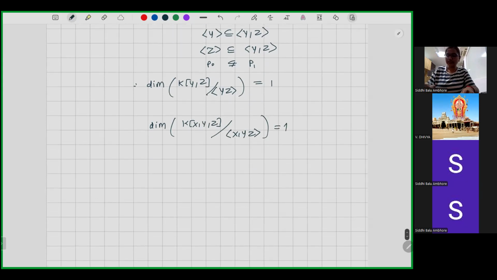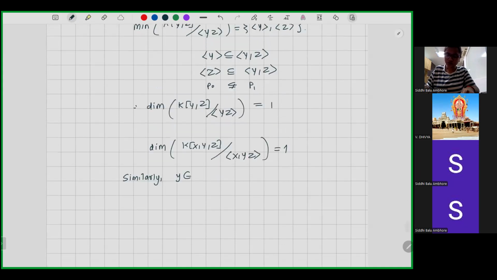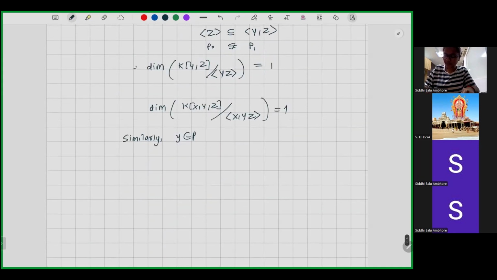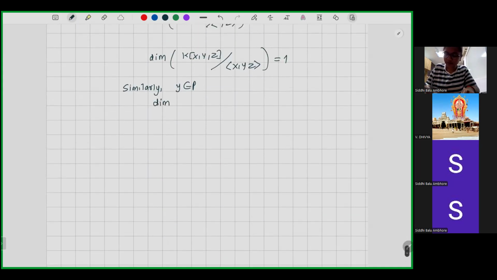Okay. And similarly, when y also belongs to my prime ideal P, a similar argument can hold, because they are symmetric.